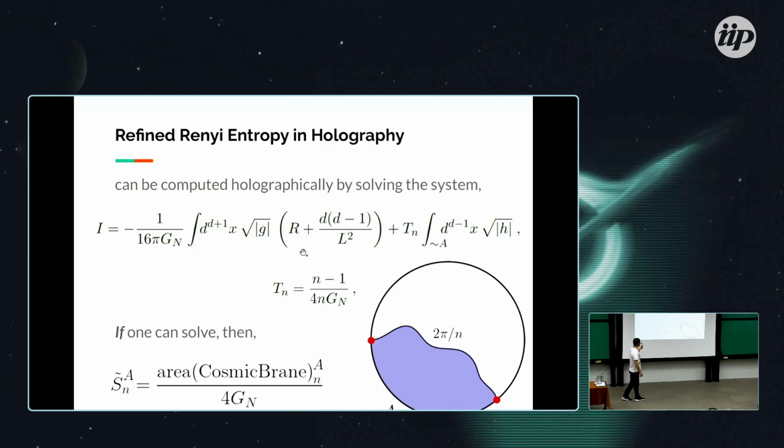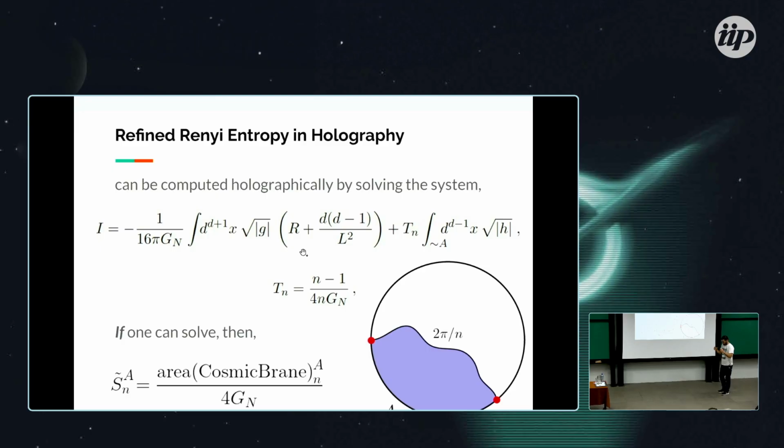What you can look at is this alternative problem of gravity coupled to a back-reacting brane. The index n in the computation enters via this tension here, which is (n-1)/(4nG). The boundary of the brane is anchored to the boundary of the entangling region, but is otherwise free to move inside the bulk and back-react, and generates a conical defect of 2π/n.